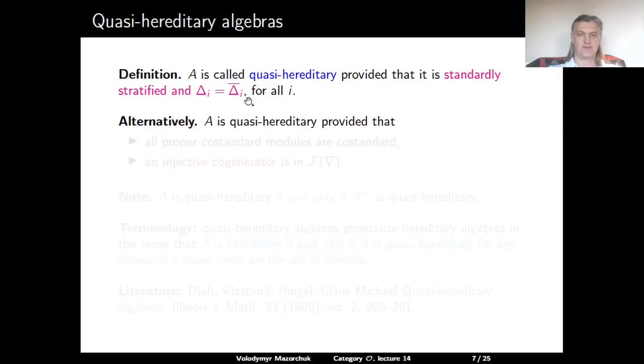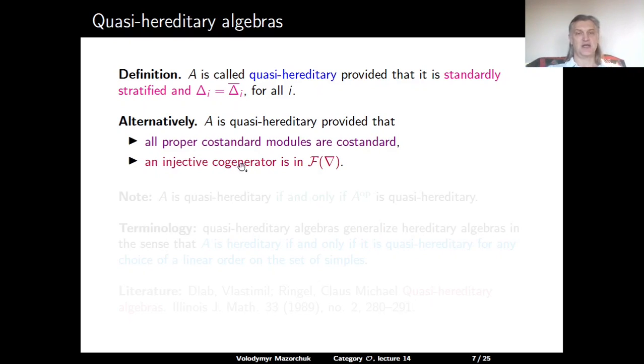standard modules. Alternatively, A is quasi-hereditary, provided that all proper costandard modules coincide with the corresponding costandard modules, and an injective cogenerator of A has a filtration by costandard modules. And an algebra A is quasi-hereditary if and only if the opposite algebra is quasi-hereditary.